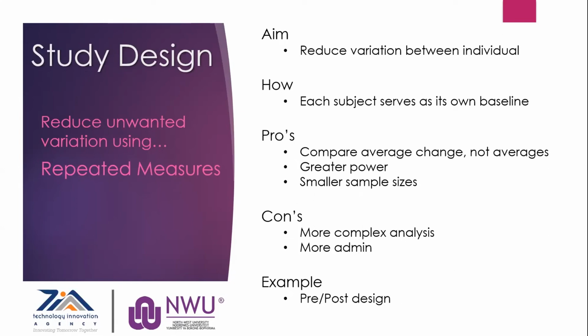Unfortunately, if you have to measure individuals, specifically people, more than once, then the admin becomes a lot and the analysis is a little bit more complicated. So instead of doing an independent samples t-test, you would have to do a paired samples t-test, so the data management is a little bit more messy. And the usual example is the pre-post, so before treatment, after treatment, the same people, and then you compare the change.